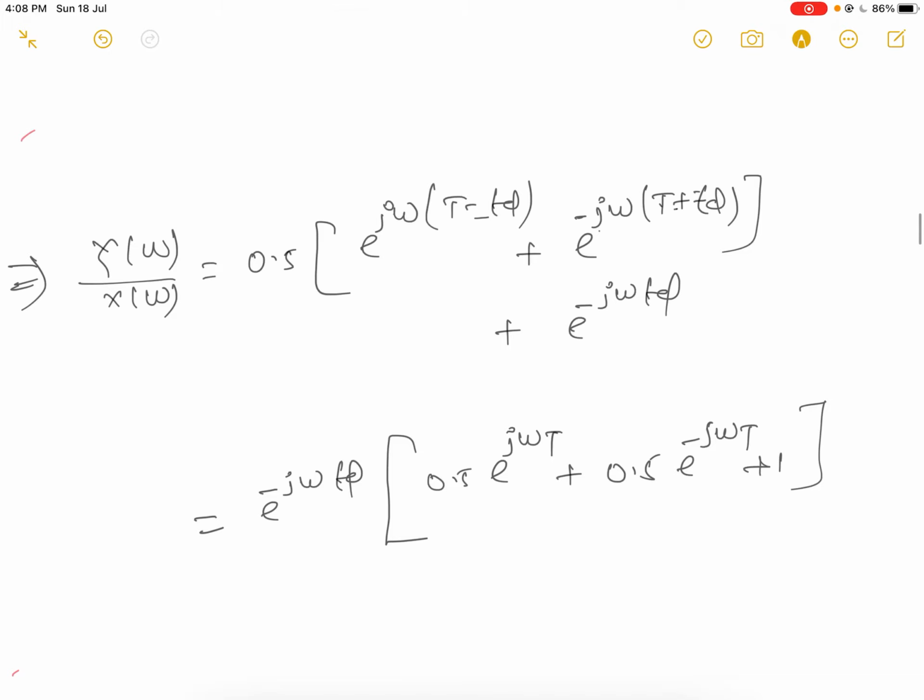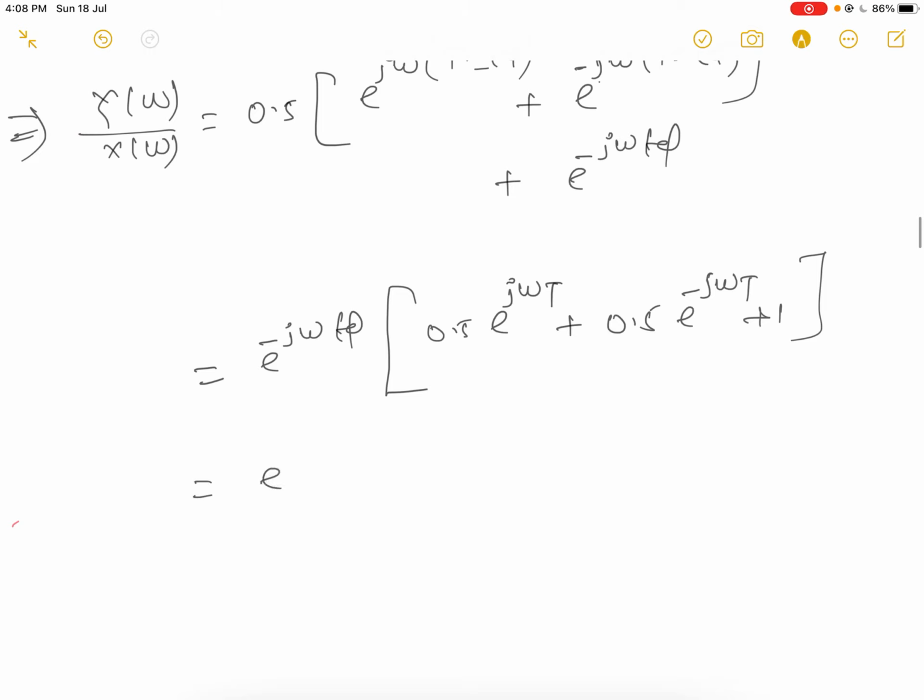plus 1, so we will get e to power minus j omega td. And here, according to the Euler formula, this one will be cos omega T plus j sin omega T, this one will be cos omega T minus j sin omega T, so the sin terms will cancel out.